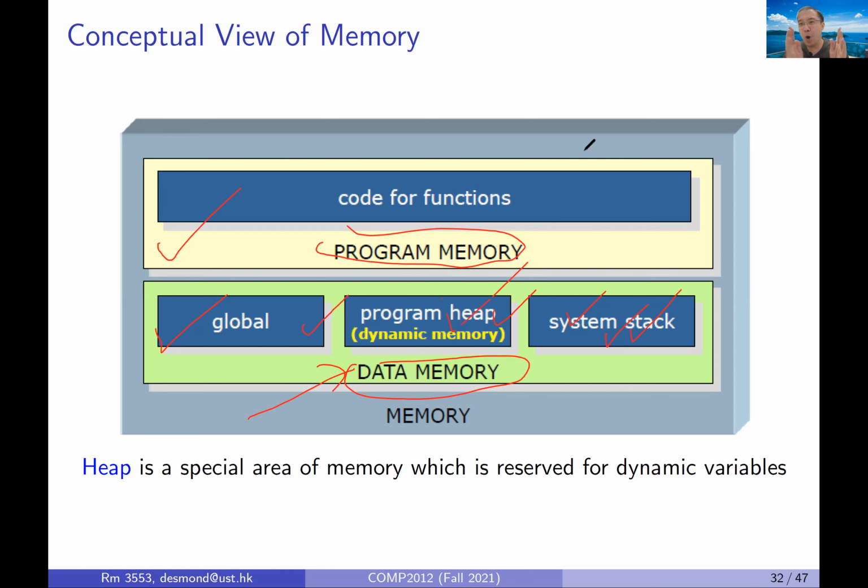So again, why 3 different parts? Different memory management strategies. If you get memory from heap, then it's your responsibility to return it back to me. But if you get memory from global or system stack, no need. I will monitor the memory and get it back if you cannot use it.